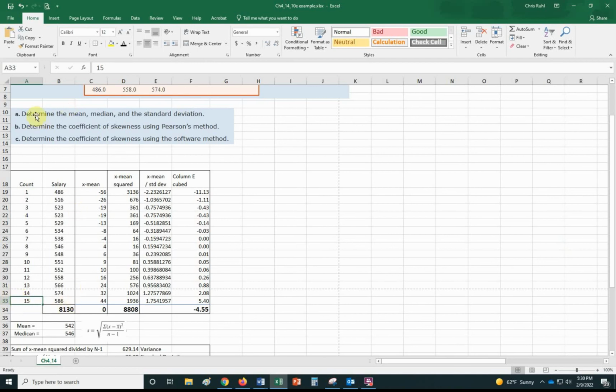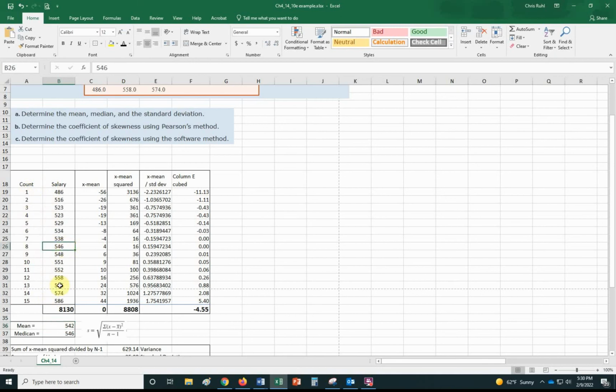It wants me to determine the mean, the median, and the standard deviation. So if I total up this list, I get 8,130, and divide that by 15, I get 542. So that's the mean. Since this list is sorted, I can go down to the 8th item, and that's going to be my median.